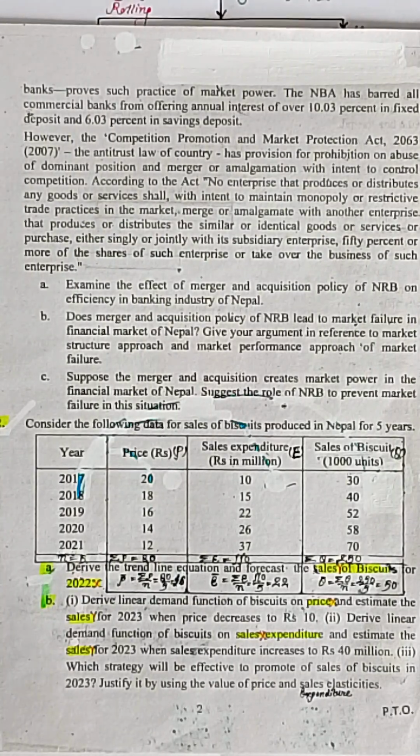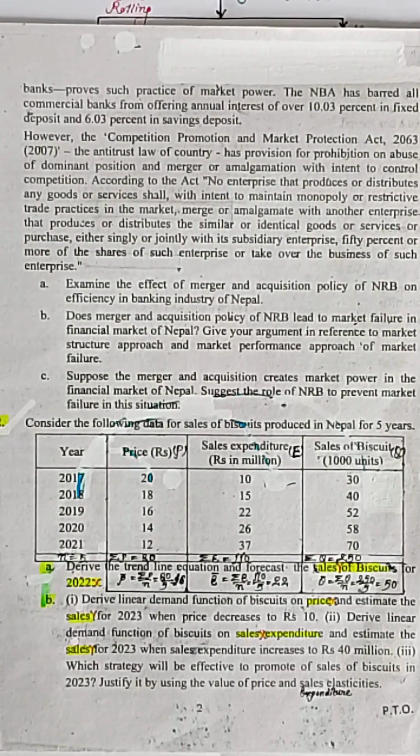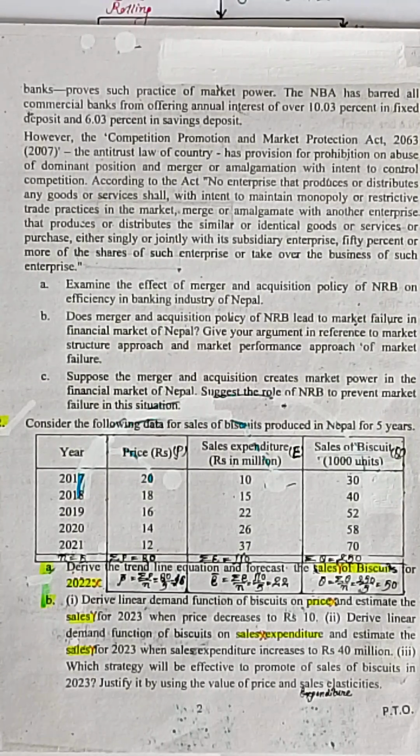Q bar is equal to summation Q by n, 250 by 5 is equal to 50. A. Derive the trend line equation and forecast the sales of the biscuit for 2022.